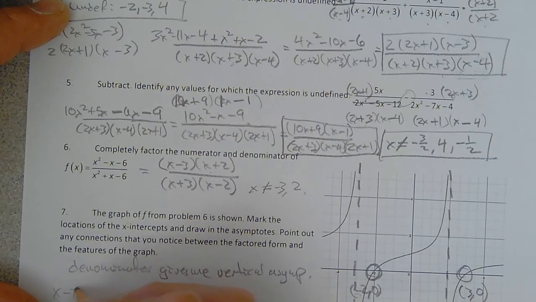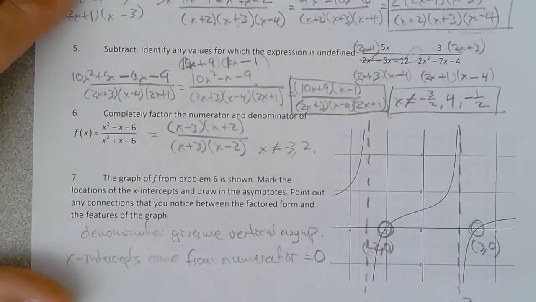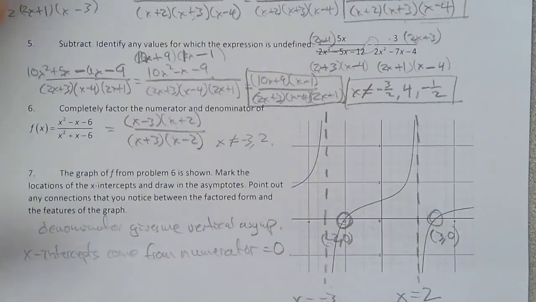So my x-intercepts come from the numbers that make the numerator equal 0. Okay, so that's the conclusion that we were looking to draw there.